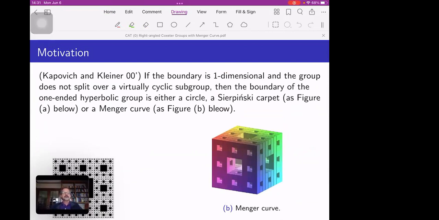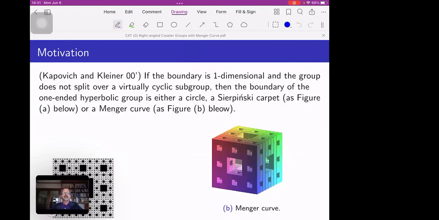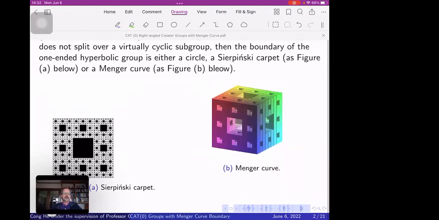It is well known that Kapovich and Kleiner proved a classification theorem, which states that if the boundary is one-dimensional and the group doesn't split over a virtually cyclic subgroup, then the boundary of a one-ended hyperbolic group is either a circle or a Sierpinski carpet, as in figure A below. Here, the Sierpinski carpet and the Menger curve.